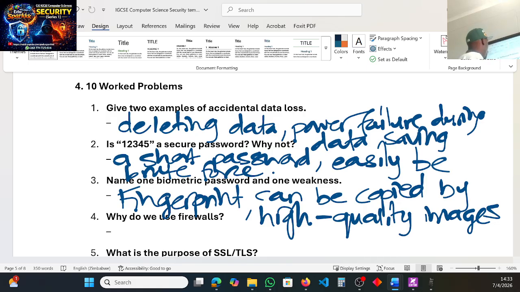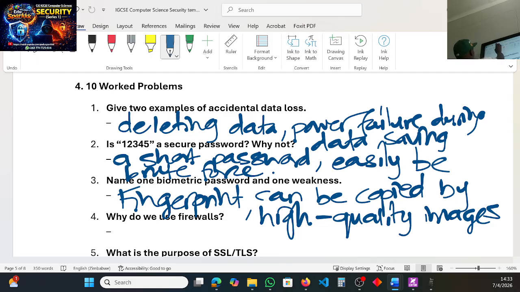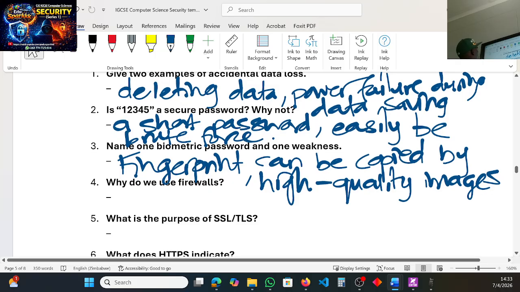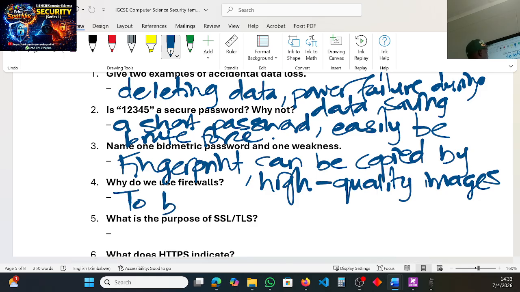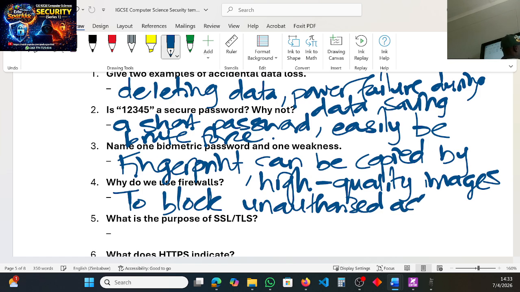So the firewall is designed to control or block unauthorized access.